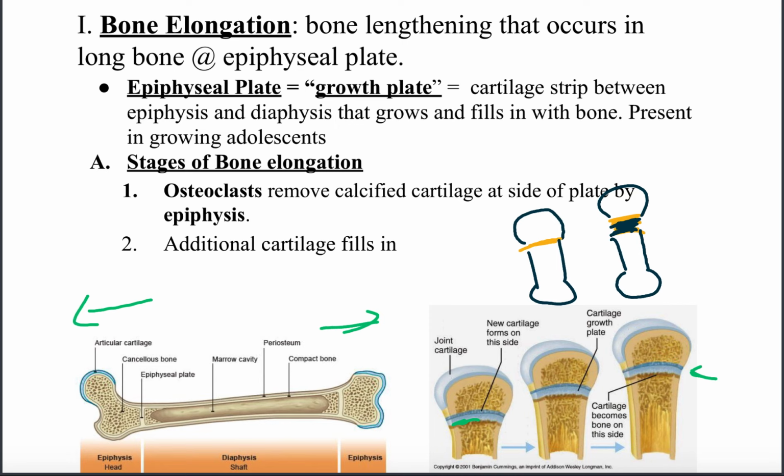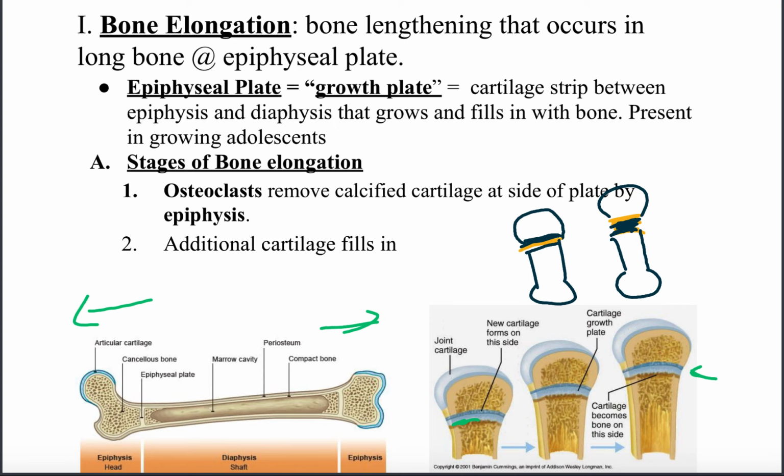All right? So our stages of bone elongation. What happens is around the edges of this cartilage plate, it's a little crusty because it's bone. So you're going to need to soften the edges of the epiphyseal plate.